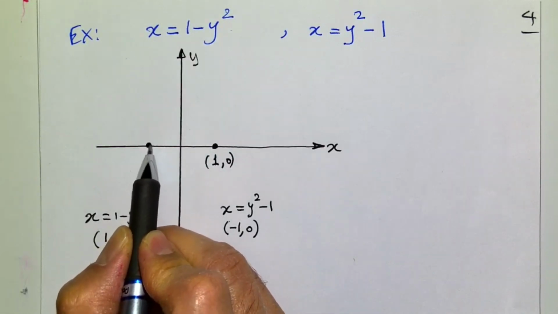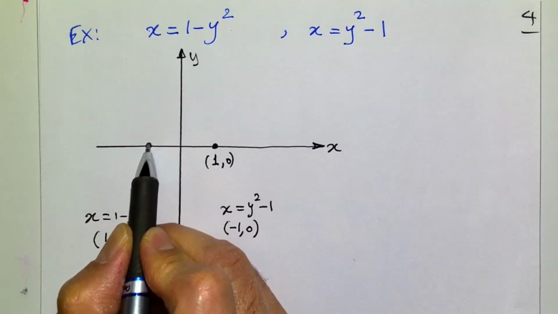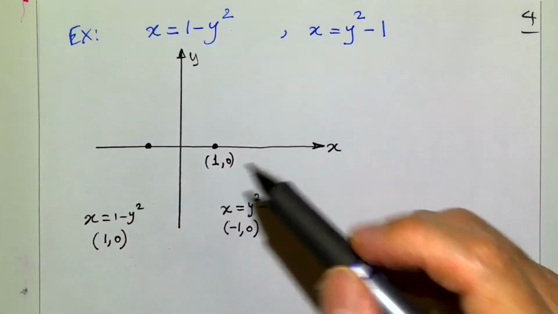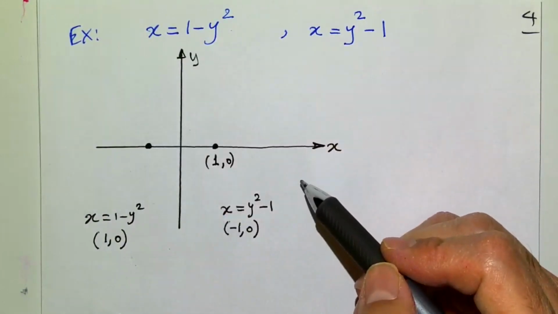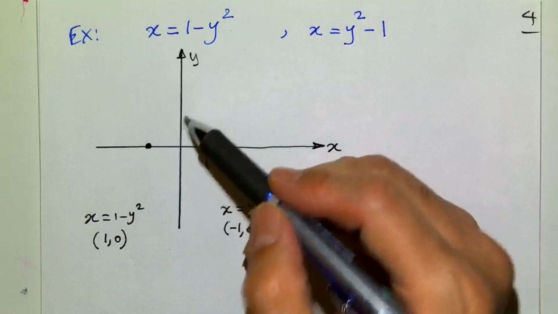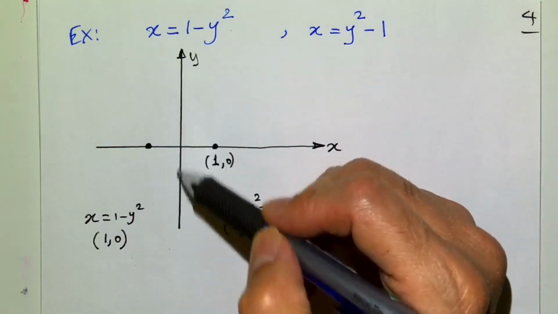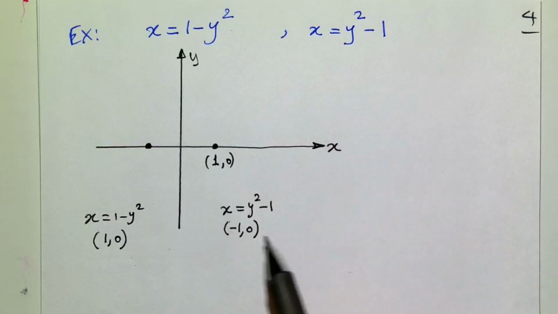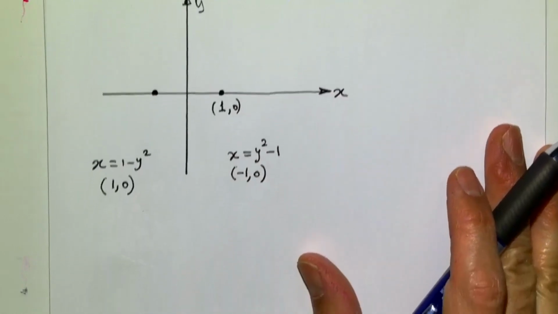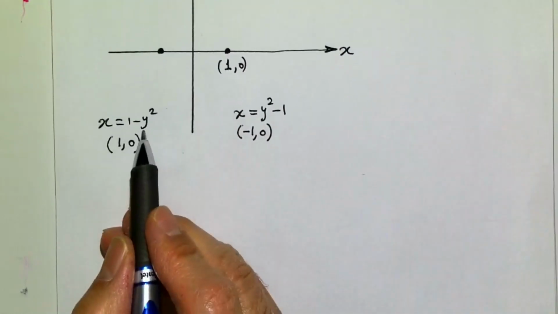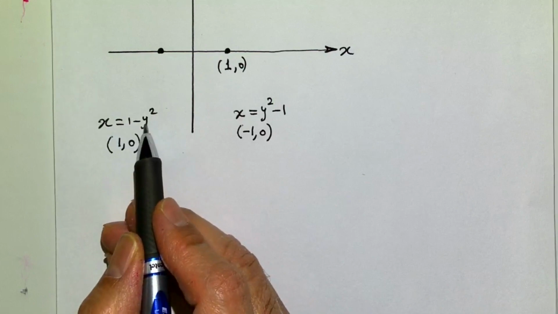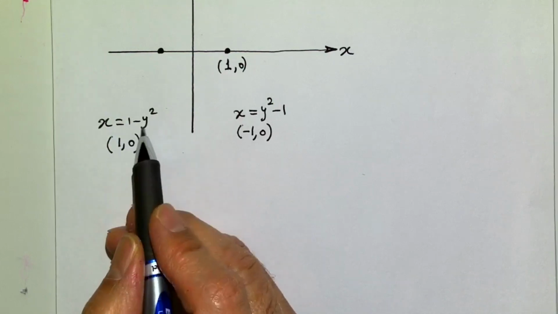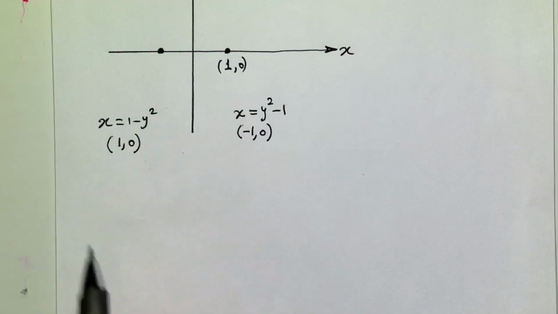We know these are parabolas and they open horizontally. So this one is going like that, and that one is going like that. Now we can find out what the y-intercepts are. To find the y-intercept for this function, we substitute x with 0 and then solve for the y values.